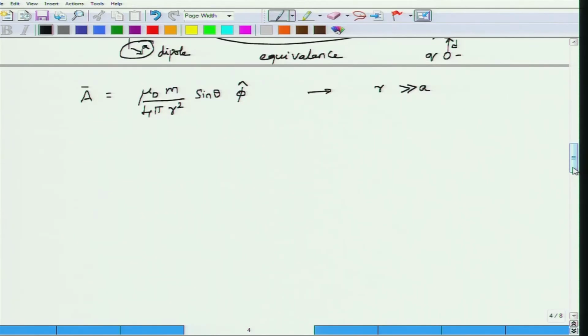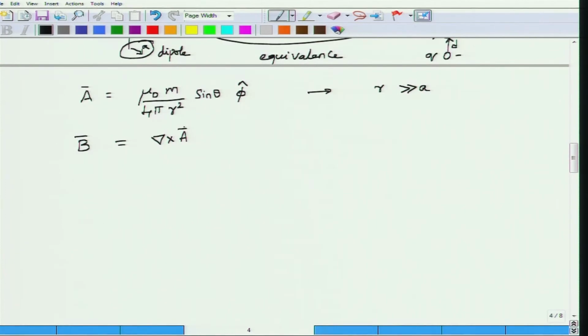Now this was the magnetic vector potential A that we obtained, but I am not really looking for A. Why? Because I am looking for the magnetic field or the magnetic flux density B. So B is related to A by the curl of A, correct.